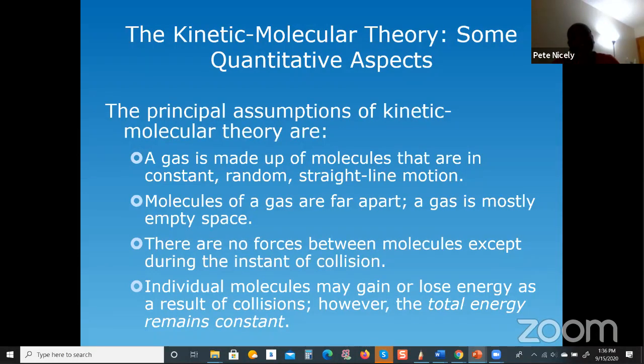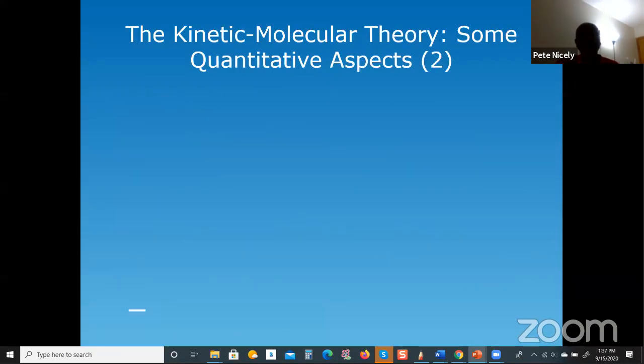And then the last one in this list is saying that the individual molecules may gain or lose energy as a result of collisions. However, the total energy remains constant, right? And I think in physics, the term for that is that the collisions are elastic. So basically what they're saying is that when the particles collide with each other, there's a transfer of energy from one to the other, but the overall situation is that there's no total loss of energy, all right?